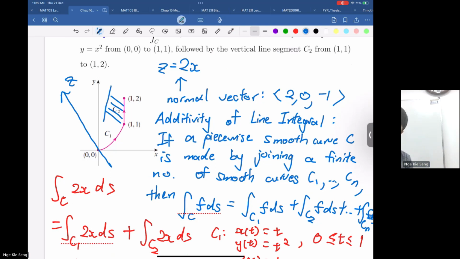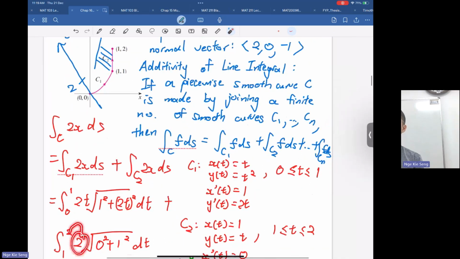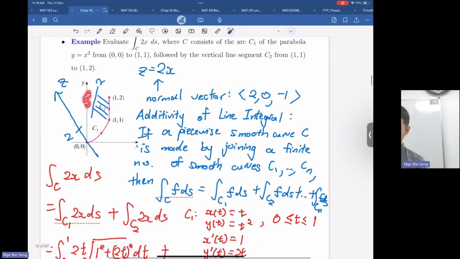The function 2x on C2 is just the constant function 2. Can you see this in the calculation here? x is equal to 1 here. So here f equals 2x, y equals 2x, but x is always equal to 1 here, so you always get 2 here.